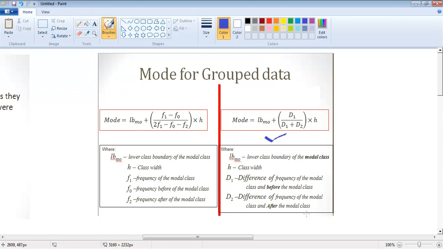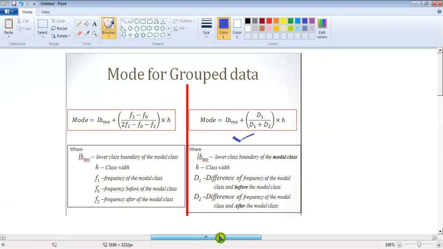D2 is the difference between the modal class and after the modal class. On the other hand, we have here also the definitions of all of the variables in our formula. F1 is the frequency of the modal class, F0 is before the modal class, F2 is after the modal class.